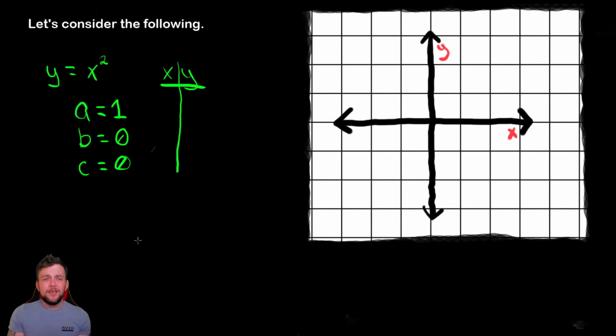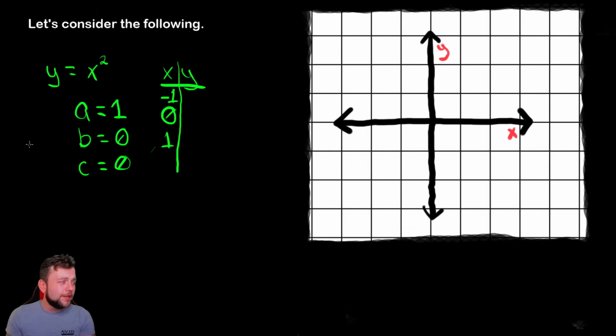And yesterday one of my students in here asked why do I always pick the same 3 numbers? I usually will unless I need to know more about the graph, but my favorite 3 numbers, and today we'll go a little bit more beyond that, to pick for inputs are -1, 0, and +1. Okay? So we have -1, 0, and +1 that we're just going to throw into our equation, y equals x squared, or x squared equals y, whichever way you prefer.